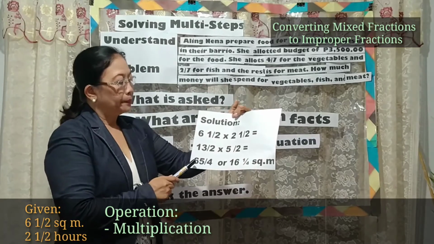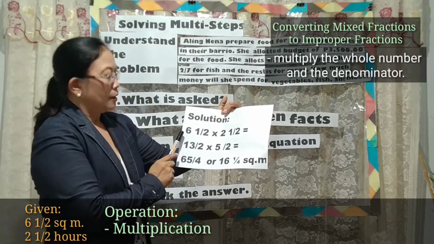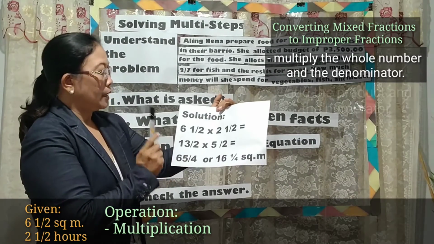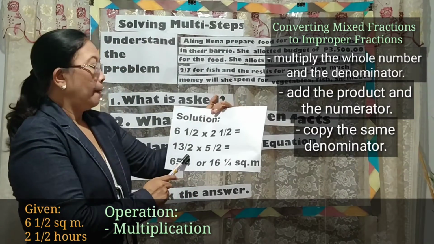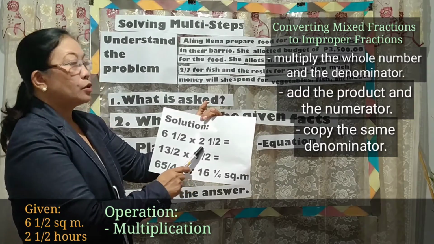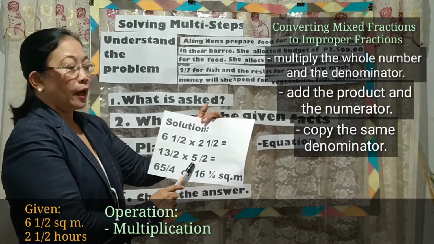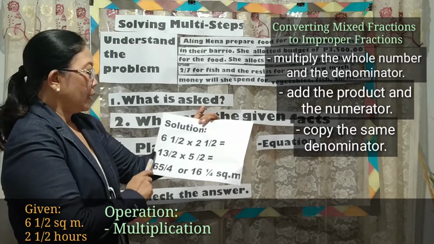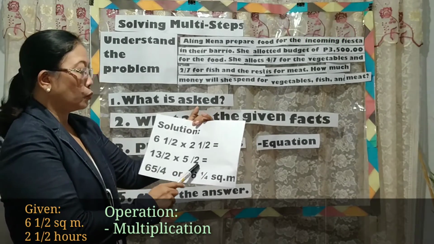So simple. You have to multiply the 2 times 6 is equals to 12 plus 1 is equals to 13 and copy the same denominator. Okay, same thing you're going to do. 2 times 2 is 4 plus 1 is equals to 5 and copy the same denominator. So this now becomes 13 over 2 times 5 over 2.